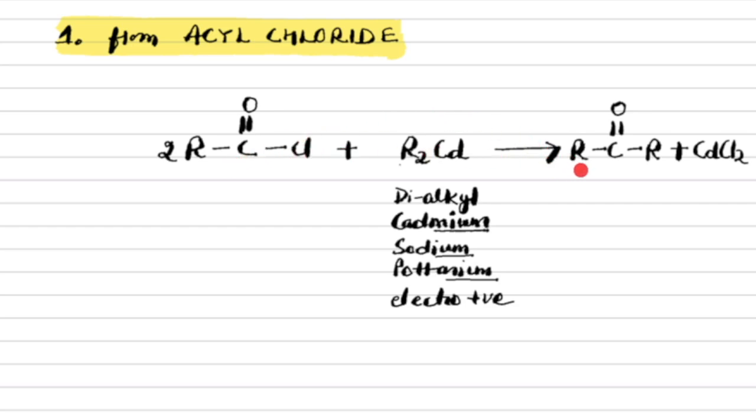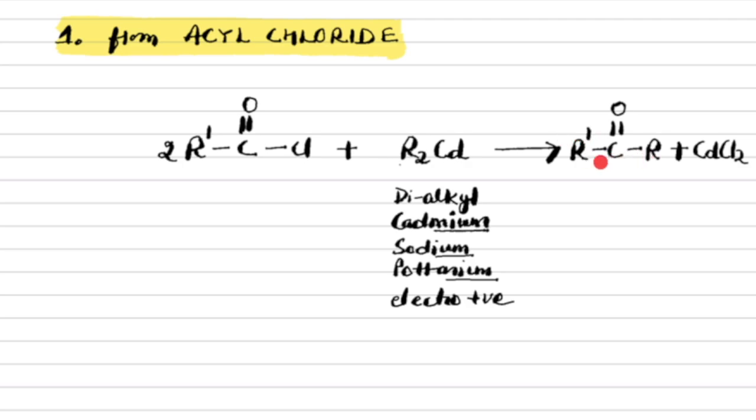But now I'm not able to distinguish between them. It looks like both R's have come from dialkyl cadmium, but that's not the case. So how to differentiate that? To differentiate that, we put a dash on top of the alkyl group of the acyl chloride, so that when the reaction happens, we'll put a dash here also.